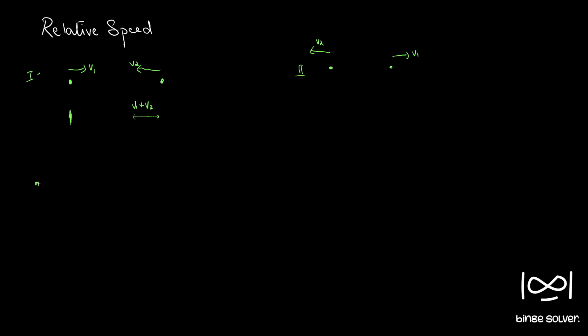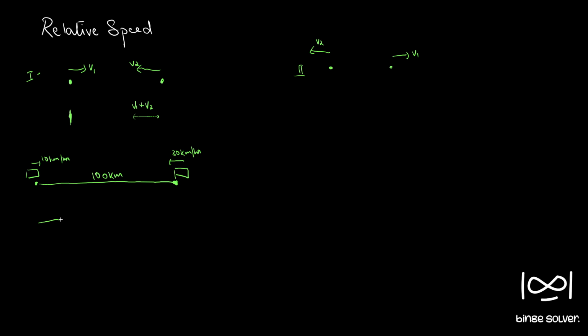To explain that concept, say the distance is 100 kilometers, and there is a car here that moves at 10 kilometer per hour, and say there is a car from here that moves at 30 kilometer per hour. So what happens after 1 hour?